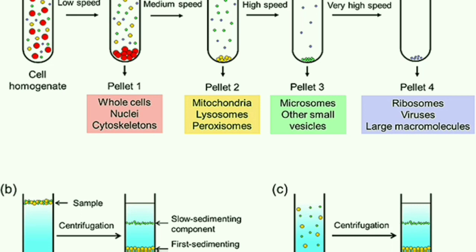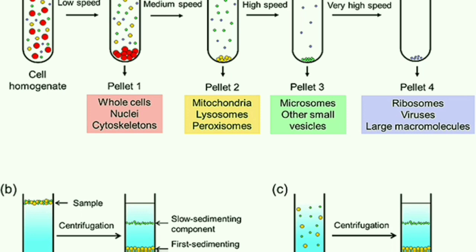Here too we obtain a pellet as well as a suspension. This suspension undergoes very high-speed centrifugation, and we obtain the pellet. Such a centrifugation in which a pellet and a suspension are formed is differential centrifugation. Next is B. B is rate-zonal centrifugation.